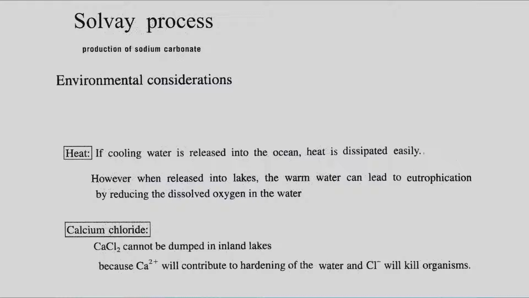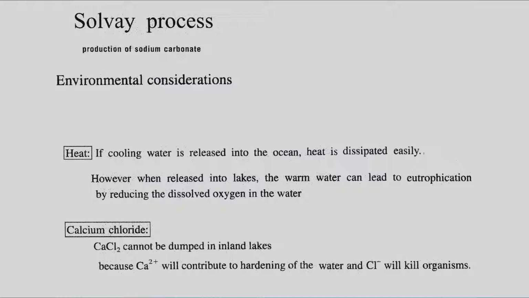If you're using water to cool, like the water from the ocean, the heat can easily dissipate. So you can release the heat. That will be better. However, if you put it near a lake or river, you will make the lake and the river water get too warm.